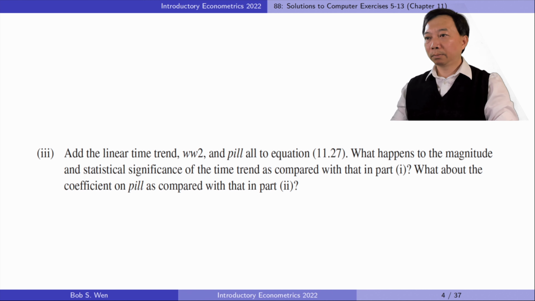In part 3, add the linear time trend, WW2, and P to equation 11.27. What happens to the magnitude and statistical significance of the time trend compared to that in part 1? What about the coefficient on P compared to that in part 2?